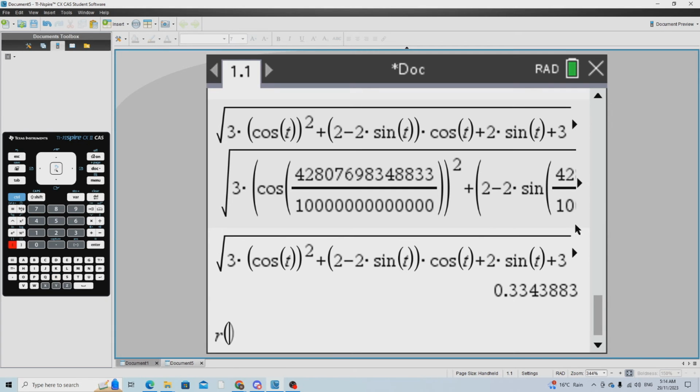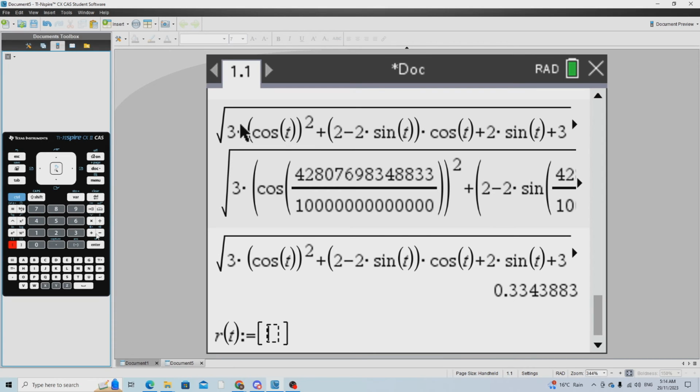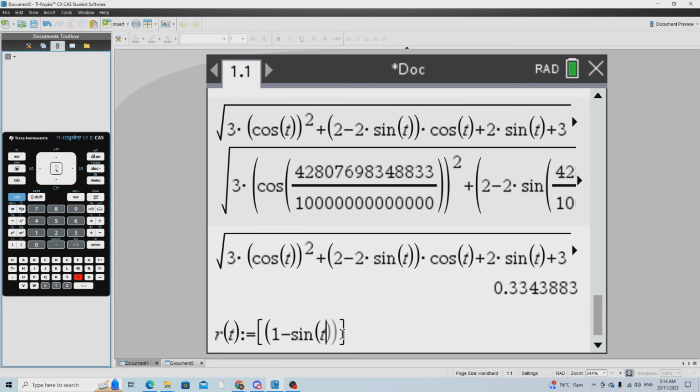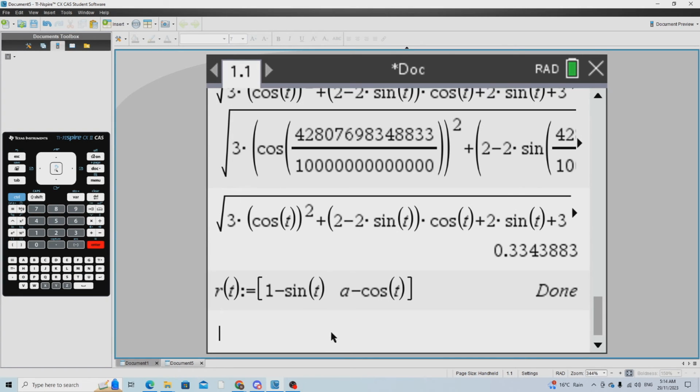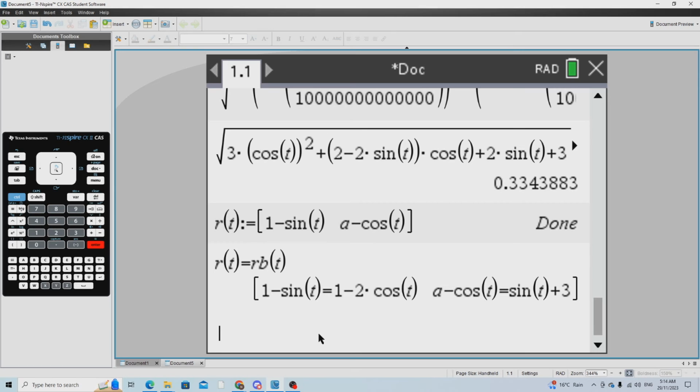So r of t, the new jet ski one, is the vector 1 minus sine t, a minus cos t. We're saying r of t equals rb of t. It gives us these two equations, and these are two simultaneous equations.